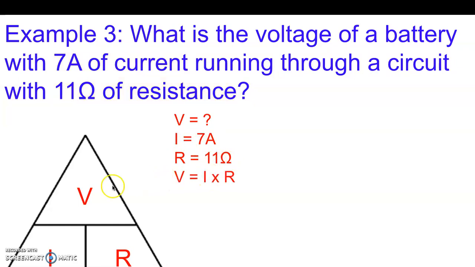We cover up V. Oh, I didn't cover it up, but you can imagine the V being covered up. The formula becomes I times R when we cover up the V. So the voltage equals 7 amps times 11 ohms. 7 times 11 is 77, so the voltage becomes 77 volts.